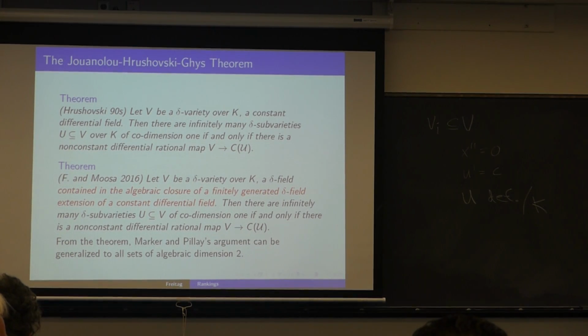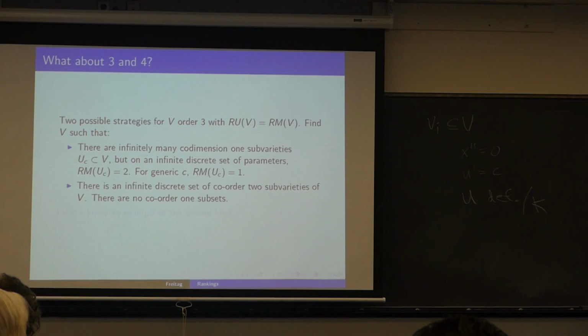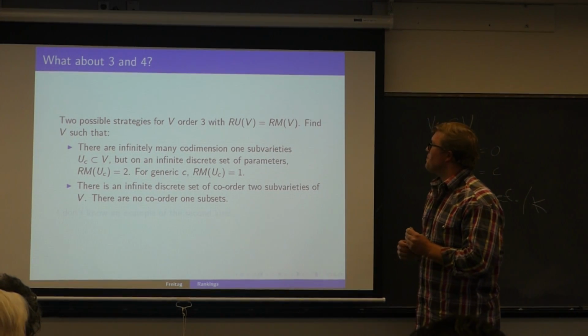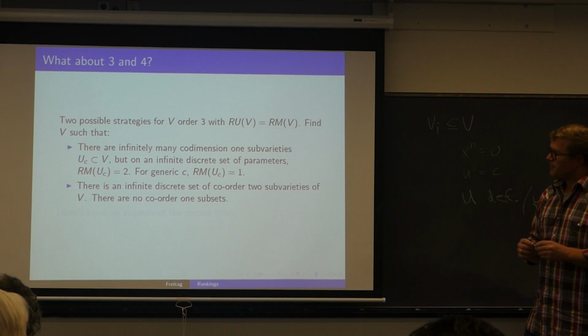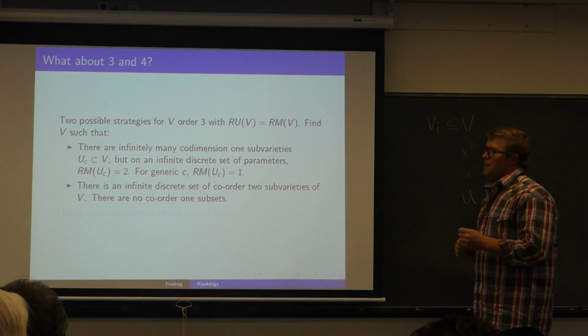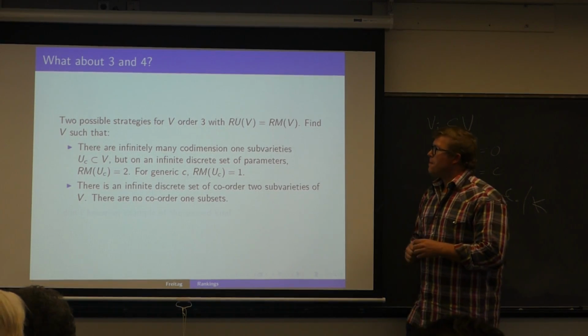Now that's established, and so the question is, what about the other numbers in the gap that I'm supposed to explain to you about? Here are two possible strategies that you could try either one.